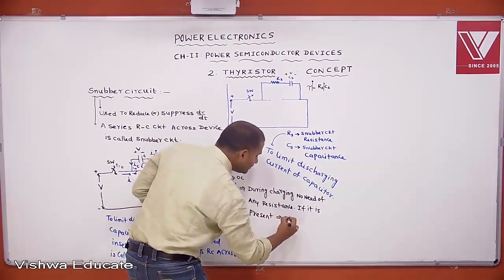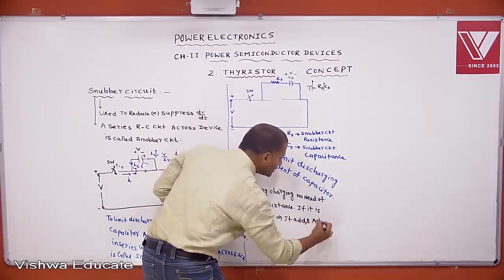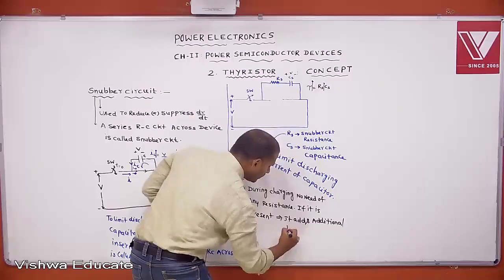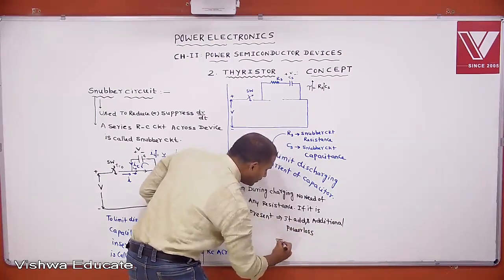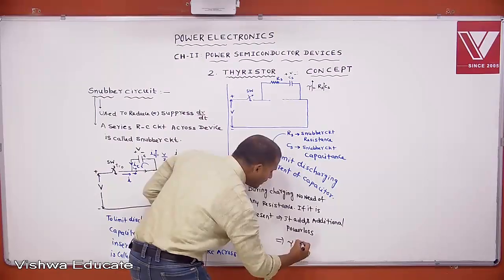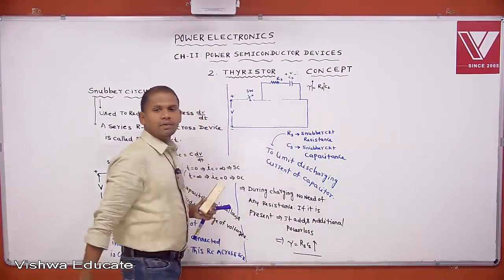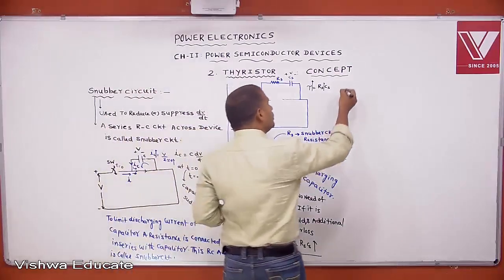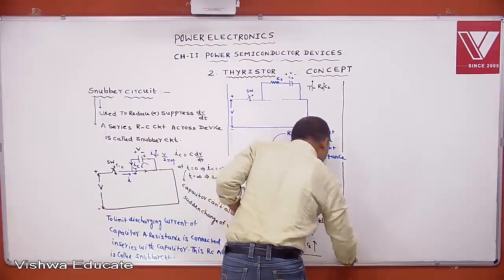It adds additional power loss. Then another one is the time constant: RS into CS increases. That is a problem. Now what do you want to do? To bypass the resistor during charging of the capacitor.